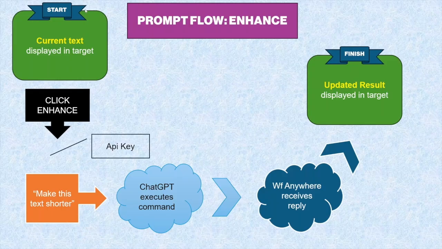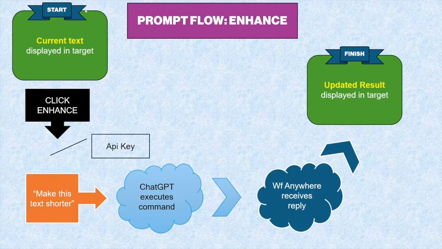So if here in orange, your choice was make this text shorter, what happens? Wordfast Anywhere takes the target section of the segment and sends it to ChatGPT, asking ChatGPT to make this text shorter.